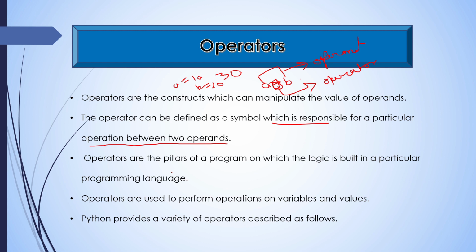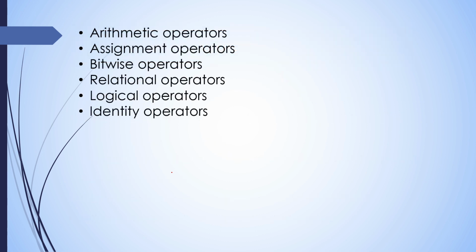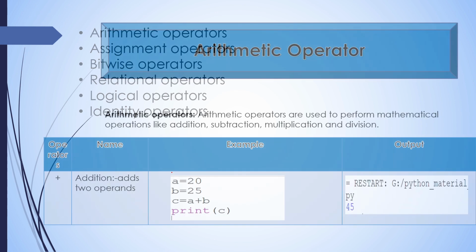Operators are used to perform operations on variables and values. Python provides a variety of operators: arithmetic operators, assignment operators, bitwise operators, relational operators, logical operators, and identity operators.